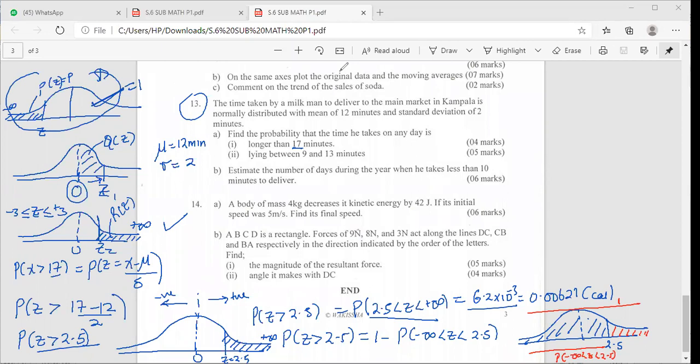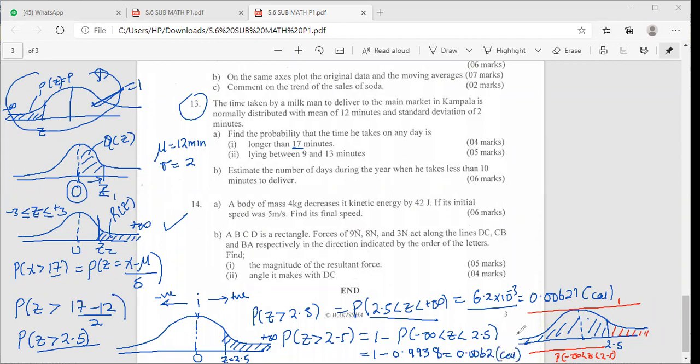When you put in P, what does it give you? The first answer someone got last time. 0.99. 0.99 for the small places. 0.9938. Exactly. Now, when you subtract, the answer must be 0.0062.